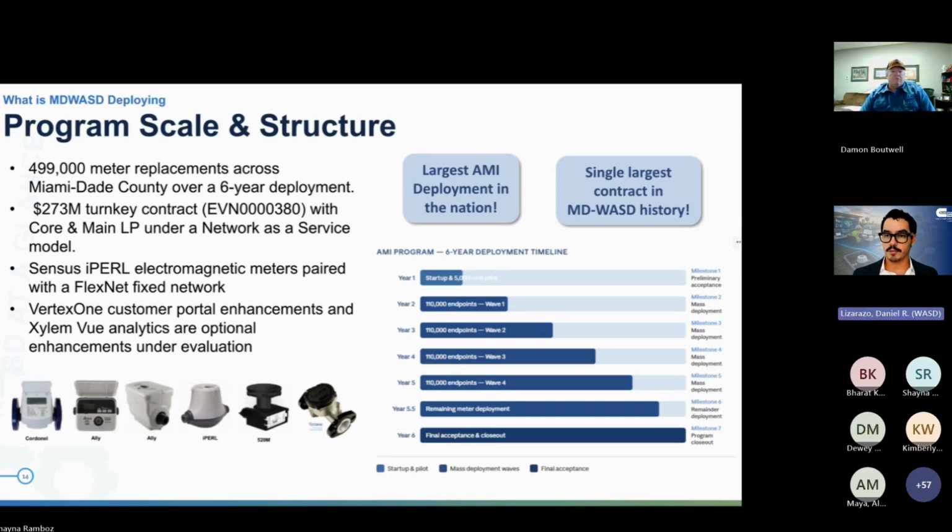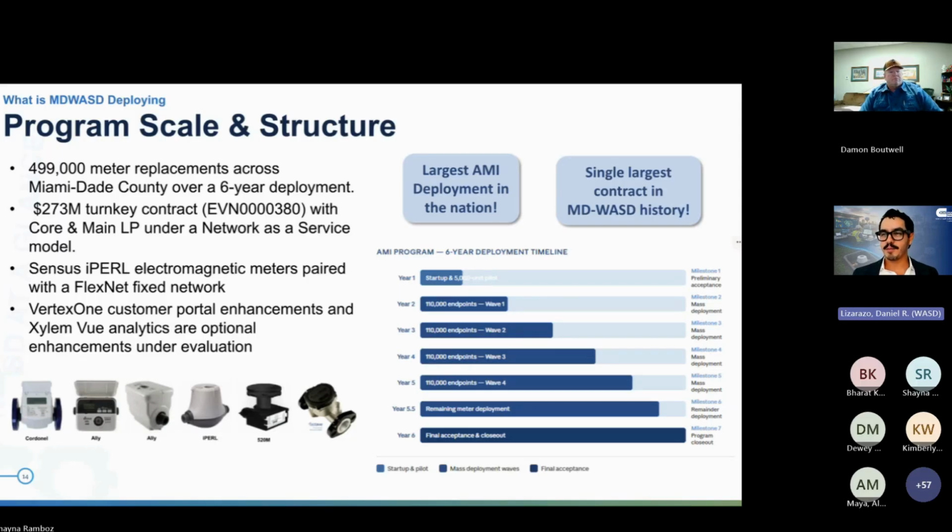The contract itself is roughly a 20-year term, with those first 6 years being that implementation phase. And this program is a priority for our department. It represents the single largest contract in our organizational history. So that's no small feat. That's how much priority we've given to the AMI rollout within Miami-Dade County.